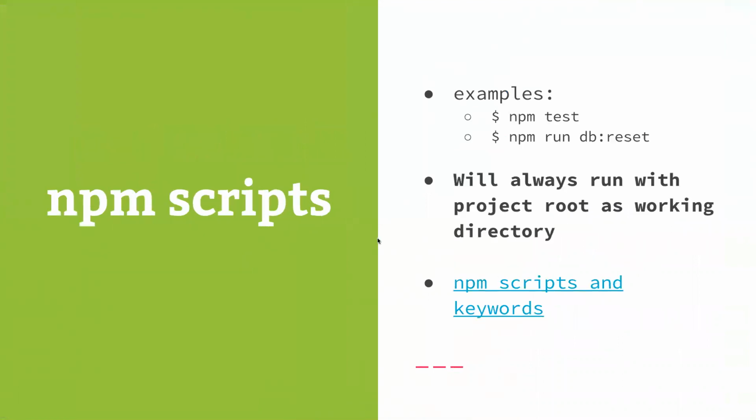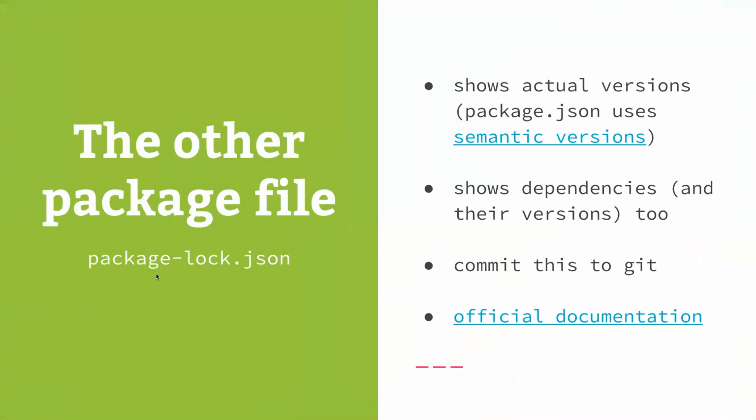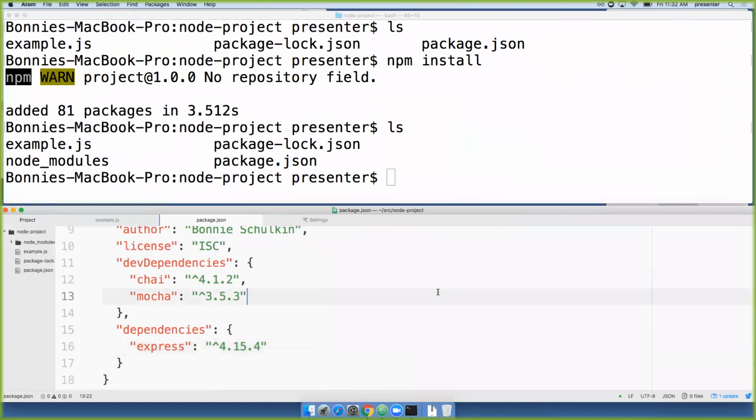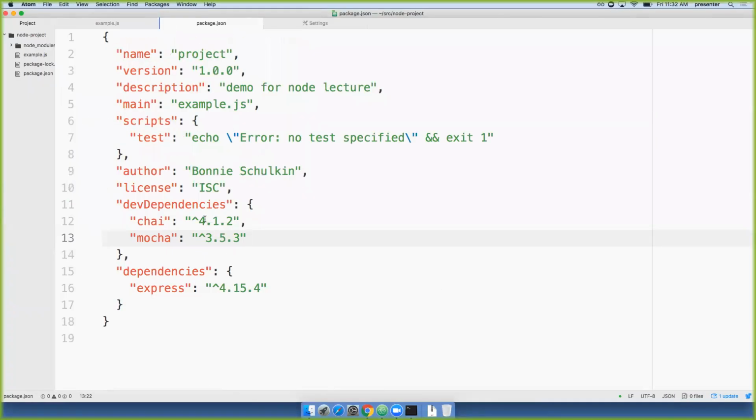All right, let's talk about this package-lock.json. It shows a couple things that the package.json does not. So let's look at it. package.json just shows the things that I've directly installed.